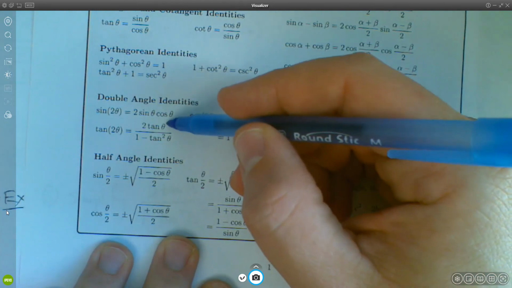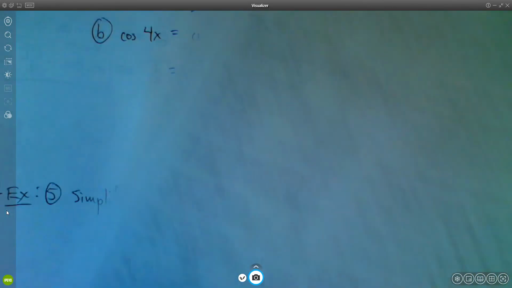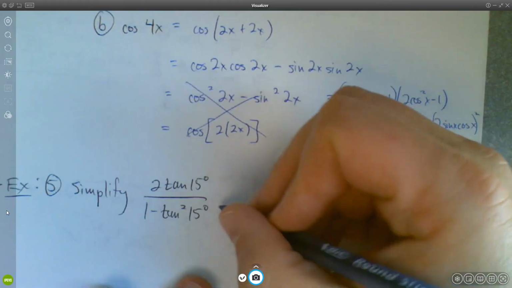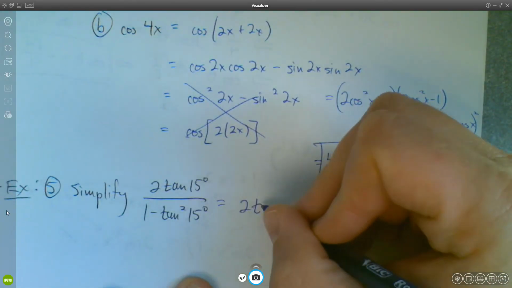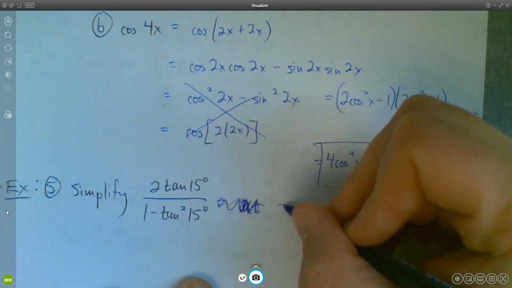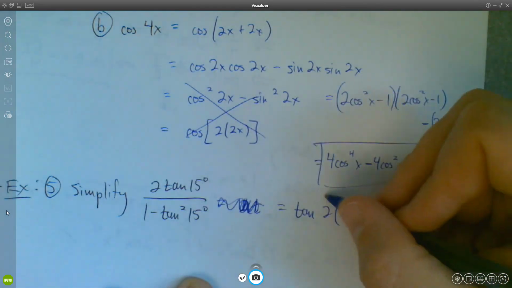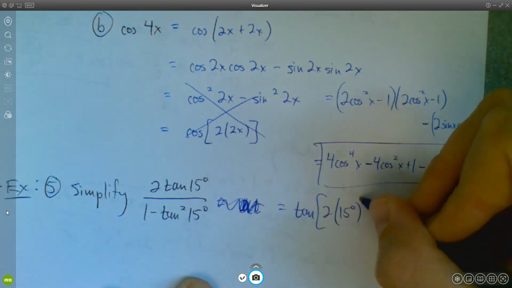Okay, here I go. Hopefully you noticed that's just exactly the double angle identity for tangent, right? So this is just tangent of 2 times 15 degrees.